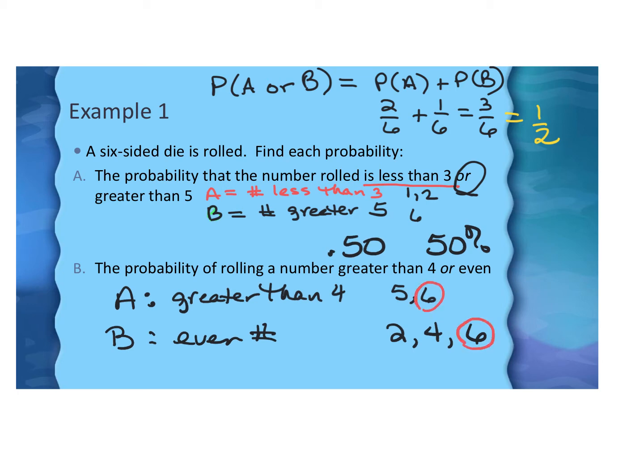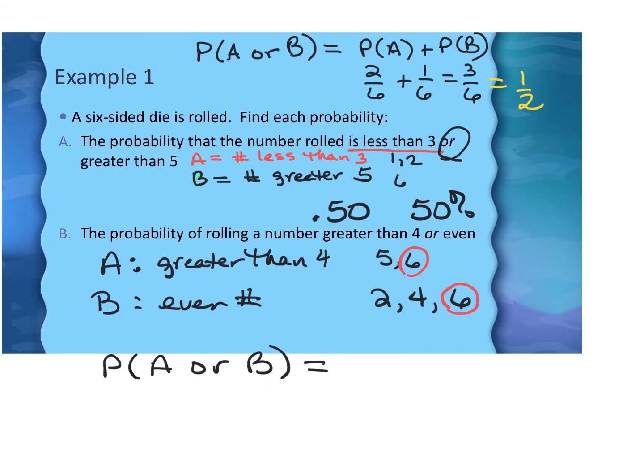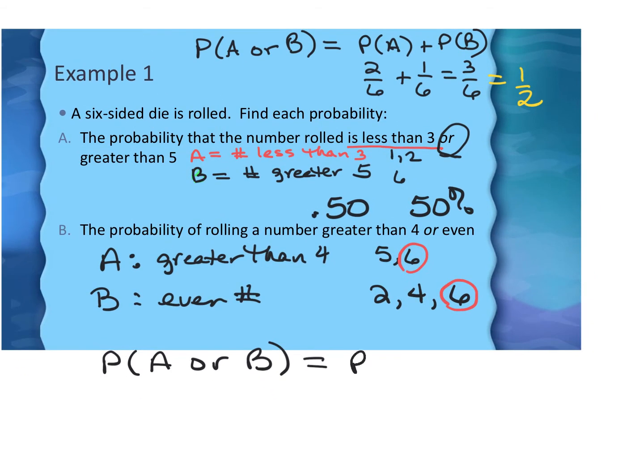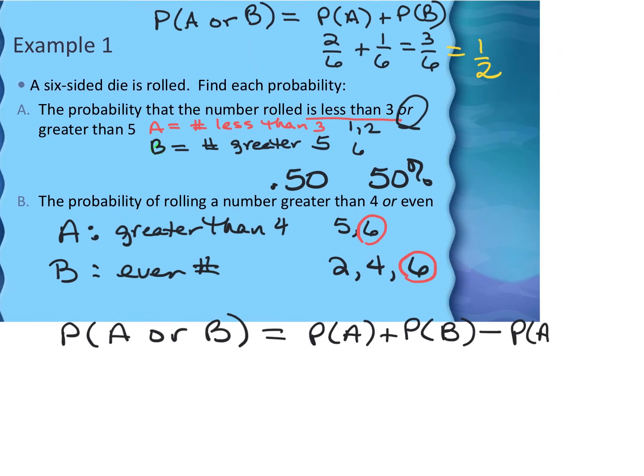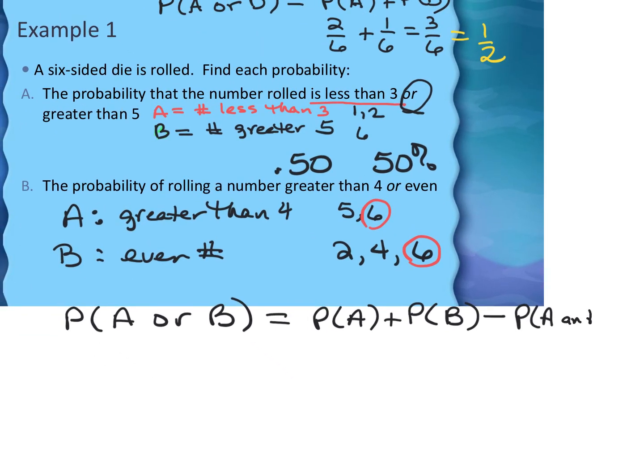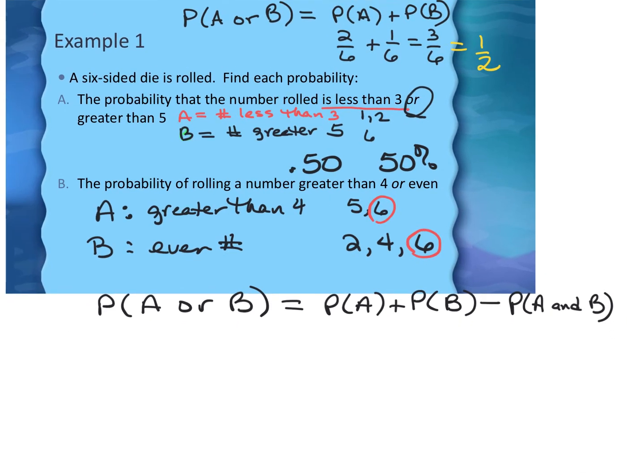So when I go to do probability of A or B, the formula I'm going to be using is the probability of A plus the probability of event B minus the probability of both together, of A and B. So the probability of event A happening, rolling the dice and getting a number greater than 4, is going to be 2 over 6.